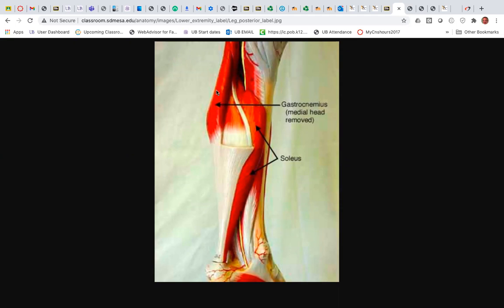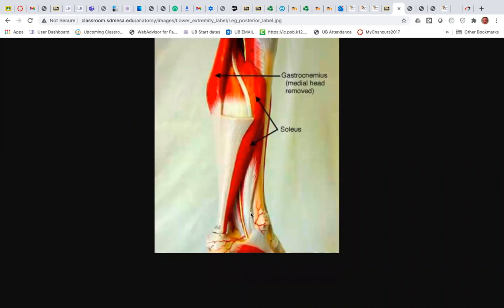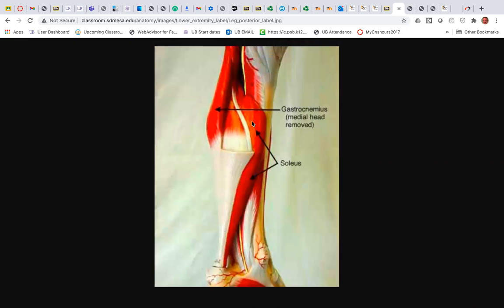Because the arrow is pointing, this is the lateral head of the gastroc. What was removed was this, which is the medial head of the gastroc. When you take that away, you can see what's deep to it. It's this large soleus. It's a powerful ankle or foot plantar flexor. And it doesn't cross the knee like the gastrocnemius does. So it's a strong, powerful foot plantar flexor.